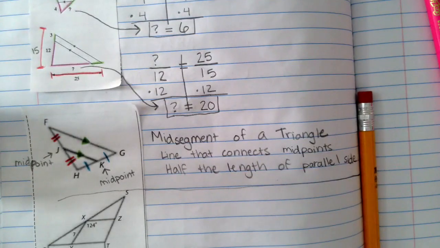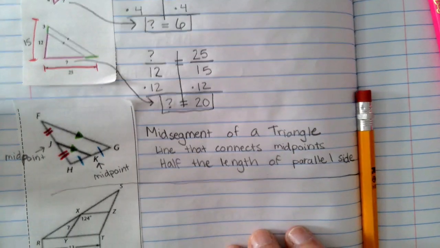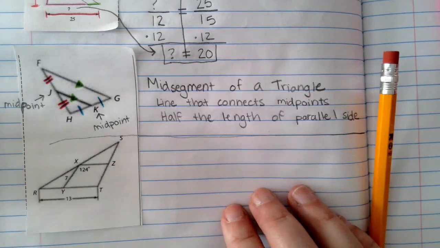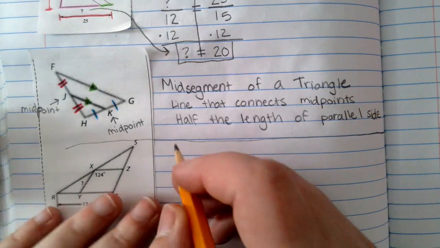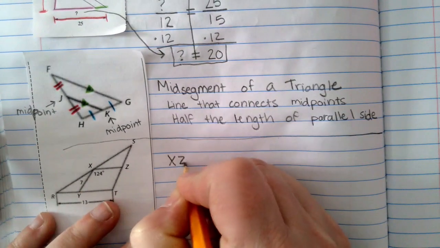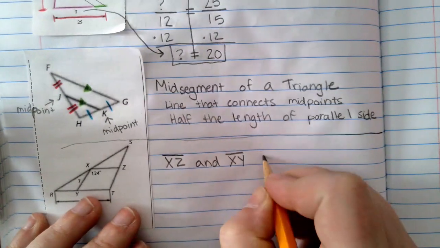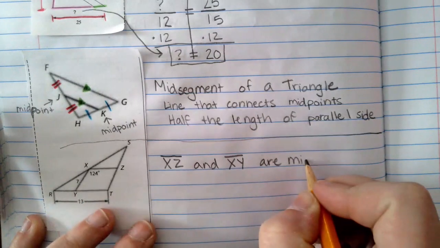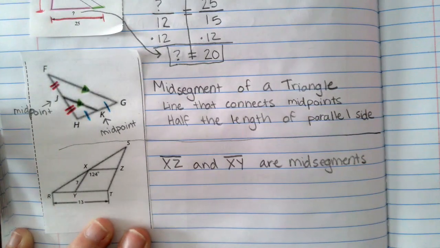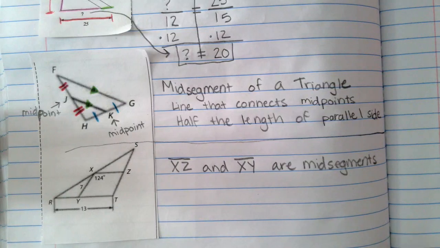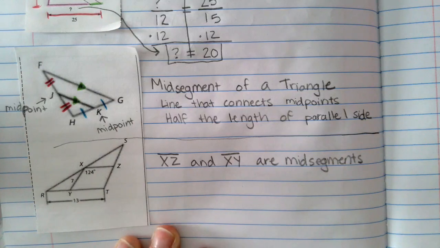Alright, so in this problem here, we know that XZ and XY are midsegments. Okay, so first off, if I look at XZ, that's this one here. Let's color code that. Which side of the bigger triangle is XZ going to be parallel to?